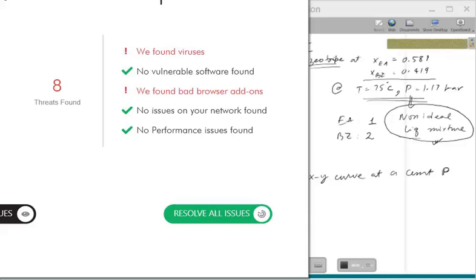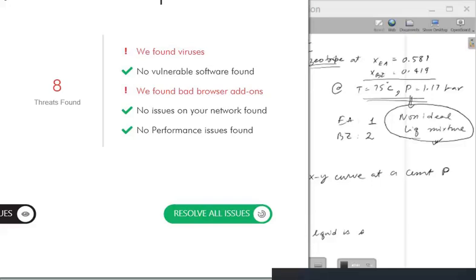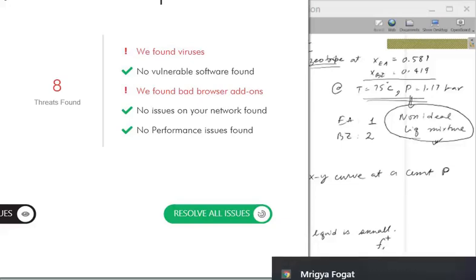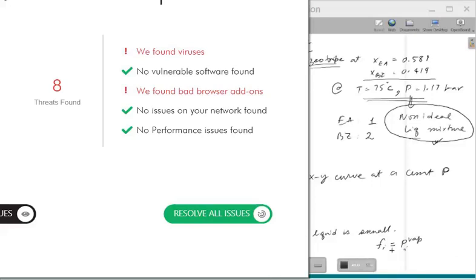And on this side, the fugacity of any component in the liquid phase, basically, when you have pure liquid, we assume that the vapor pressure of the pure liquid is also low enough, so that for pure liquid, the fugacity can be approximated by the vapor pressure. Okay. So this is for the pure case.